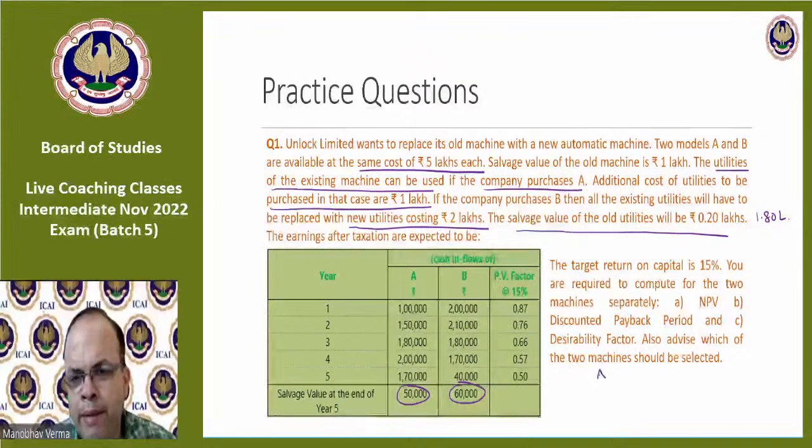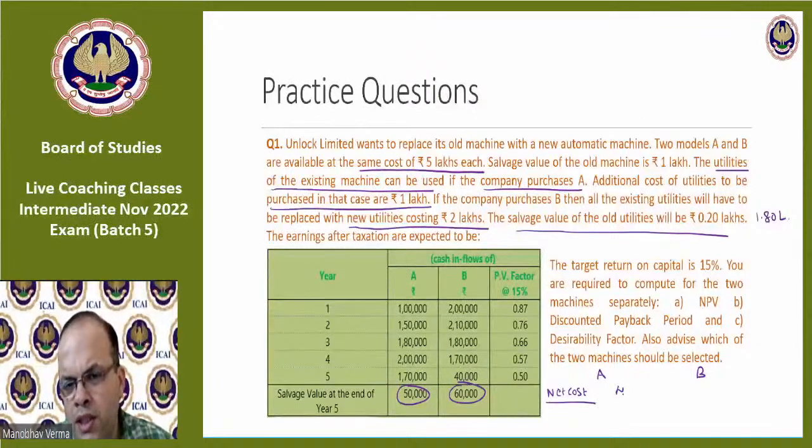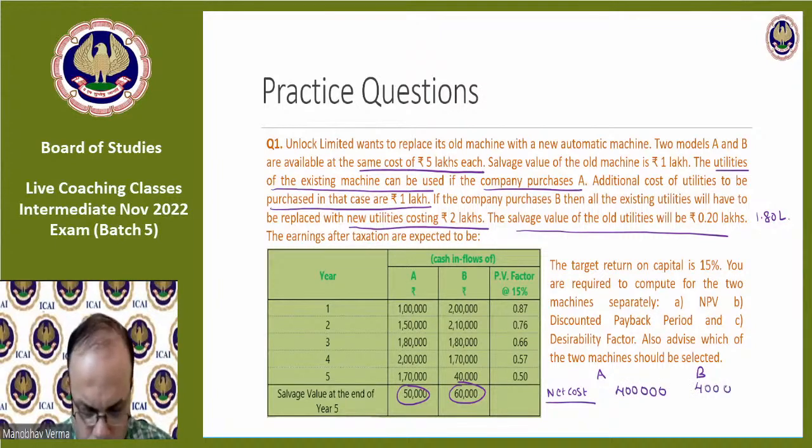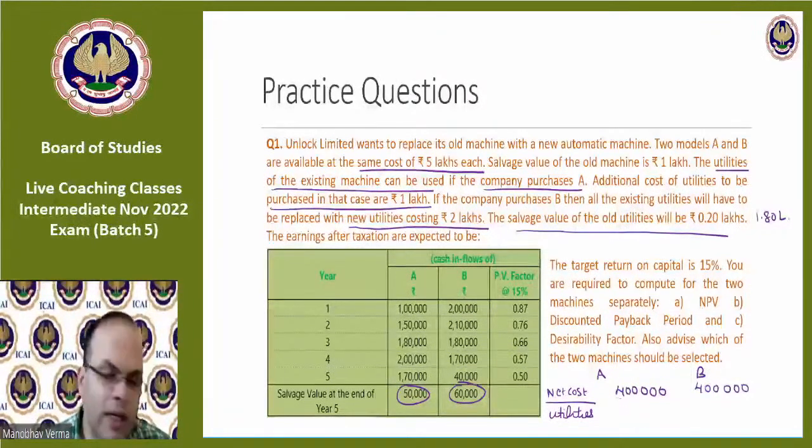Okay, let me tell you, both the machines are 5 lakhs, right? And the salvage value of the old machine is 1 lakh. So can we say that the net cost for both the machines is 4 lakhs? But what about the utilities? That is also initial outflow. In the case of A, you can use some of the existing utilities and you have to invest additional utilities of 1 lakh here.